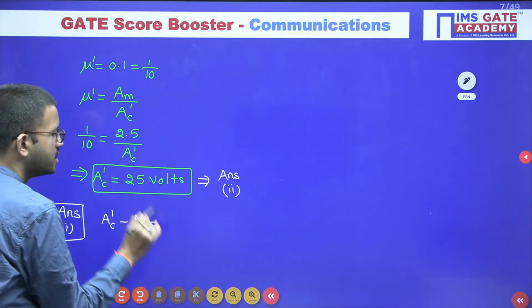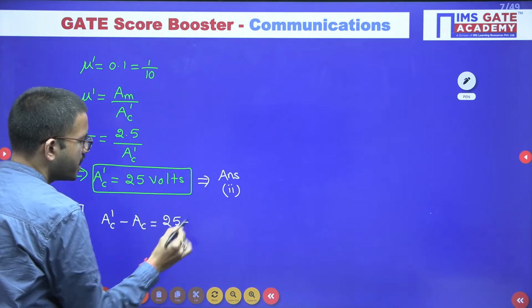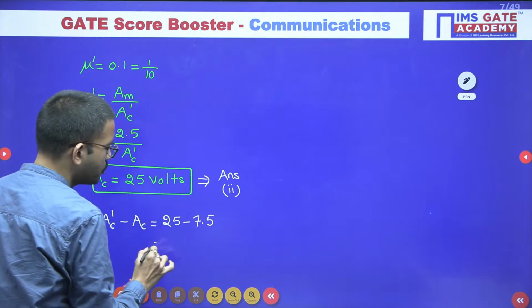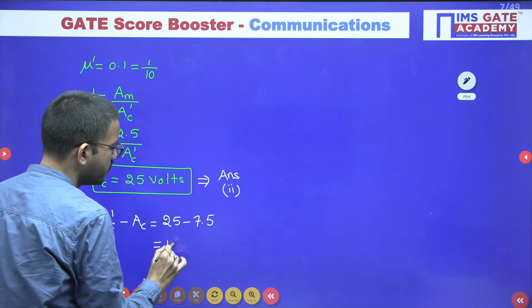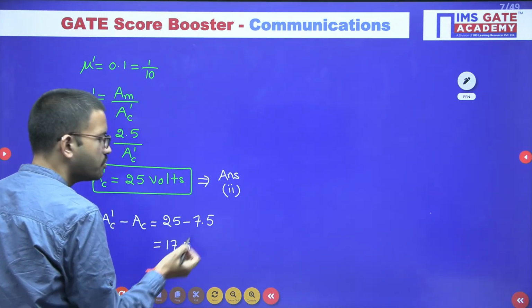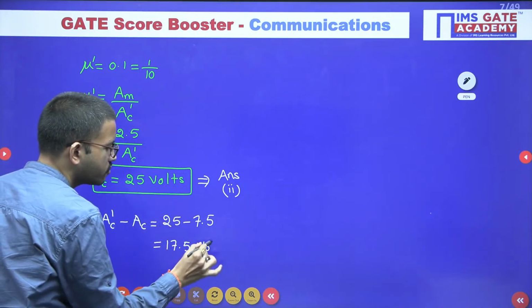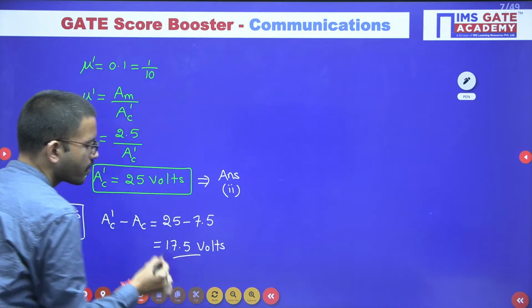Ac dash minus Ac: Ac dash is 25 minus, in the earlier case we got 7.5. So if you subtract both, you will get 17.5. 17.5 plus 0.5 is 18, 18 plus 7 is 25. So 17.5 volts is the correct answer.